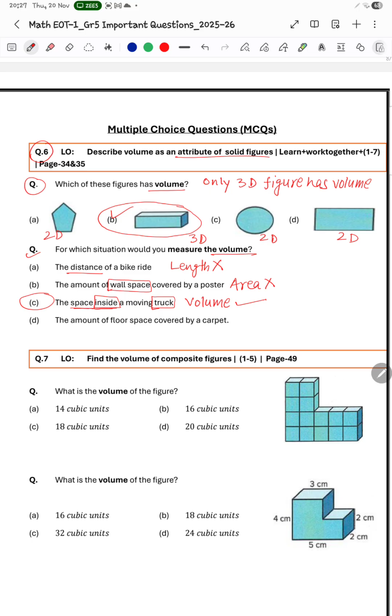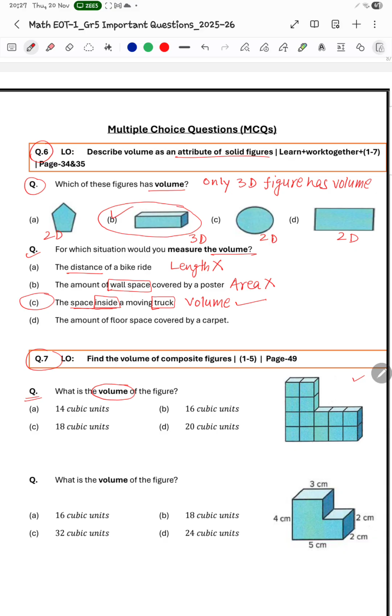Okay. Let's move on to question number 7. Find the volume of composite figure. So here you can see what is the volume of the given figure. So this is a composite figure. That means 2 shapes are joined together to make one shape.